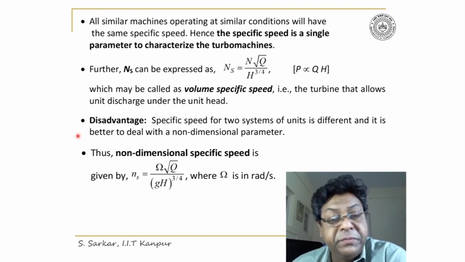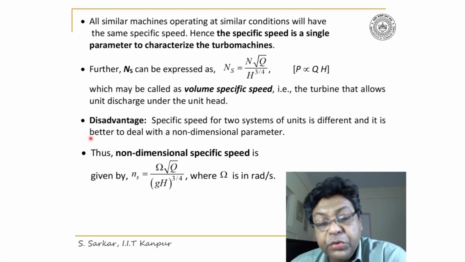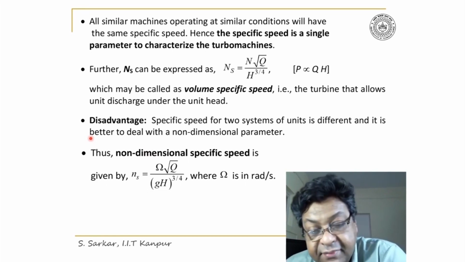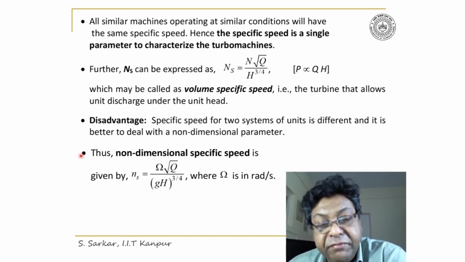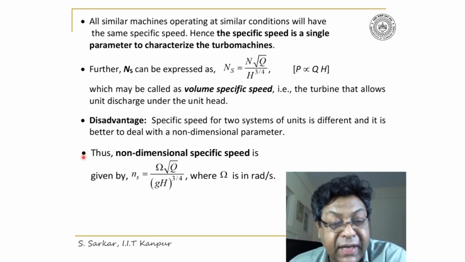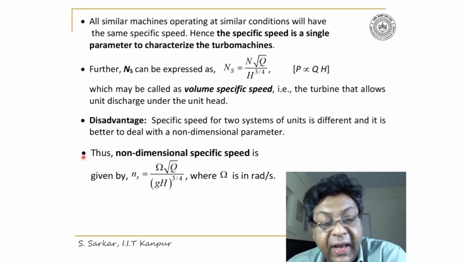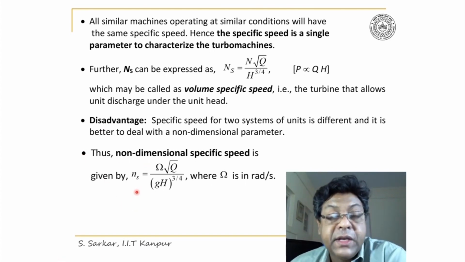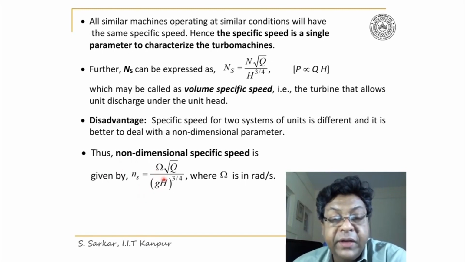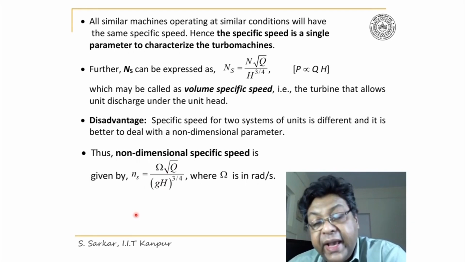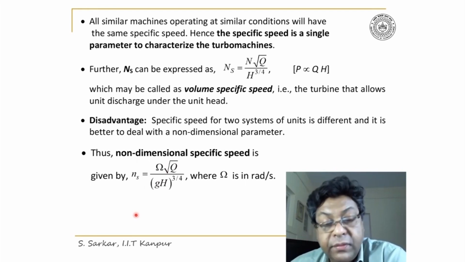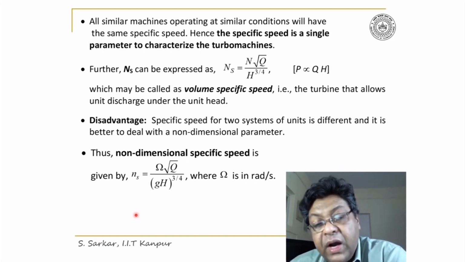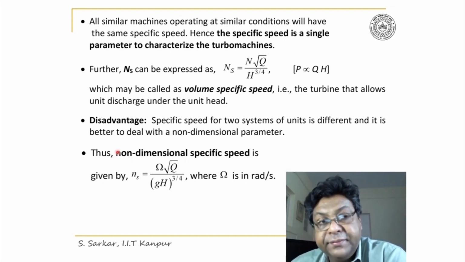So it is always better to deal with a non-dimensional parameter. With this respect, I have defined the non-dimensional or dimensionless specific speed, denoted by small ns, as small ns is equal to omega into root over Q by gH to the power 3 by 4. Now omega is in radian per second.